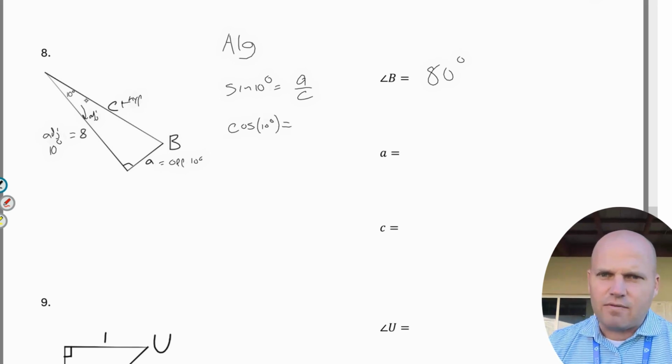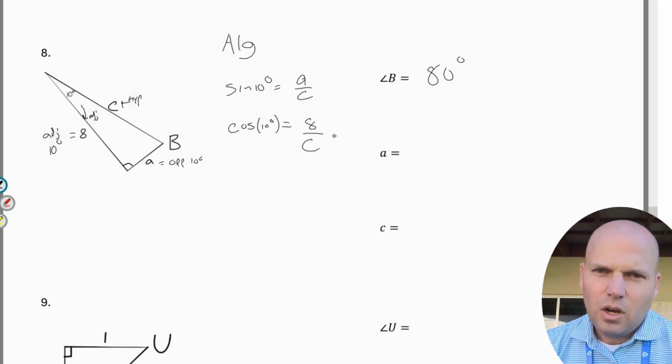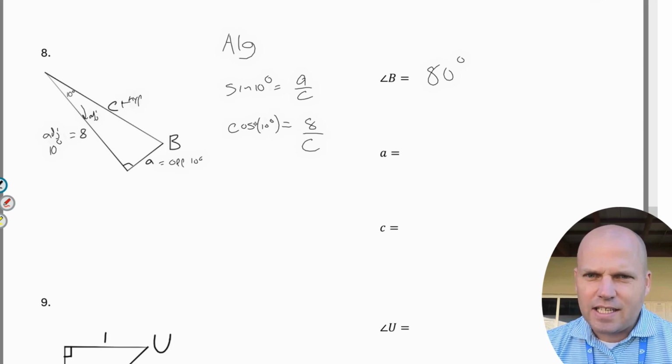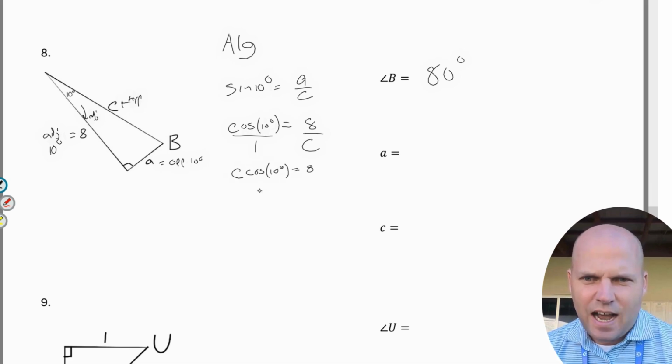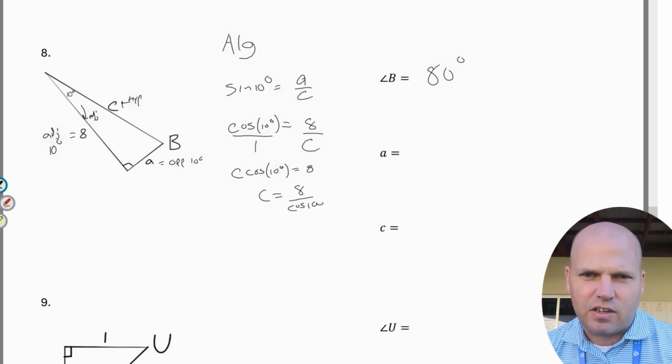Well, the cosine of 10 degrees has to equal 8 over c. Okay. 8 over c has to equal cosine of 10 over 1. Oh, look, I can cross multiply and divide. I get c times the cosine of 10 degrees equals 8. I can say c equals 8 divided by the cosine of 10 degrees.